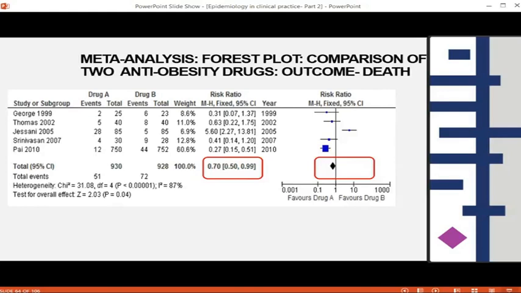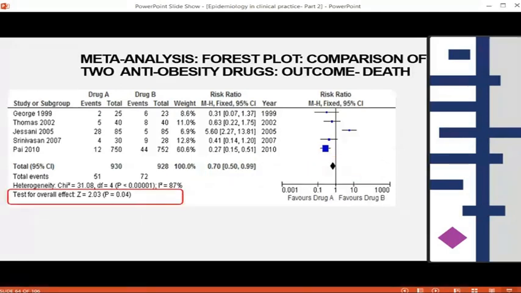Now, because the confidence intervals do not cross 1, you would say this is statistically significant. You can make out that's the overall effect. The p-value is 0.04. If it touches 1, then the p-value will be 0.05. But while it is statistically significant, the question is, is it clinically important?